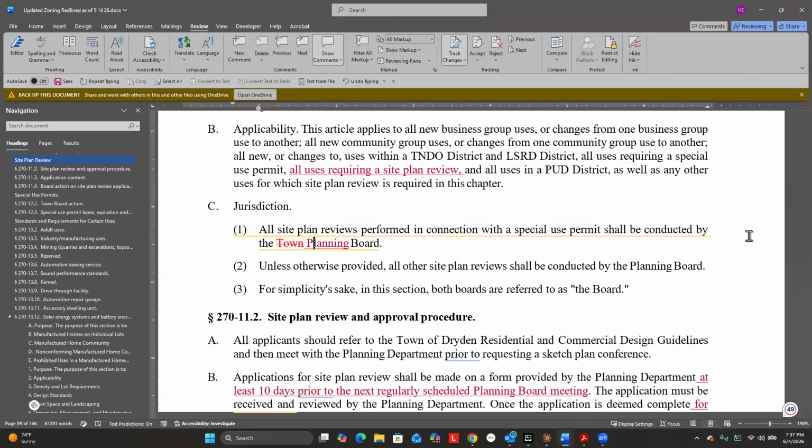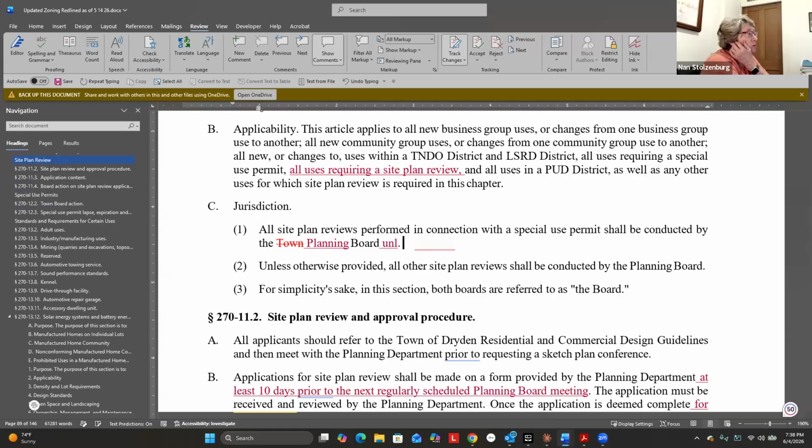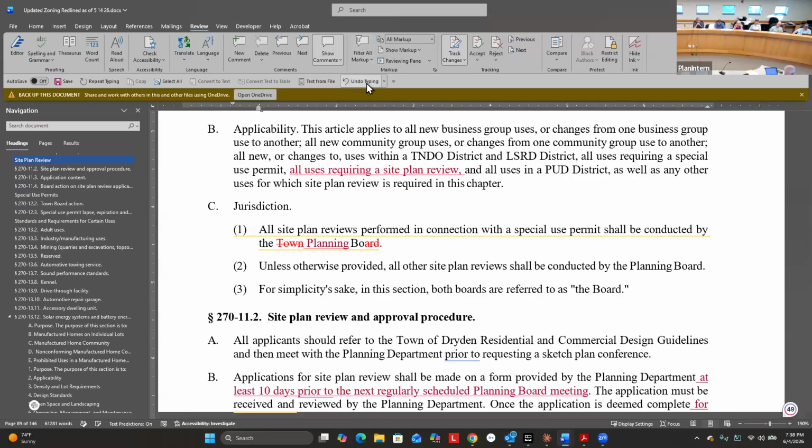Section 11.2, so number 2 now becomes redundant, C2, because you just changed it to planning board for all. You might want to keep the town board there for special use permits and leave 2 and 3 alone, or C2 would say unless otherwise noted in sections, however you want to word it.